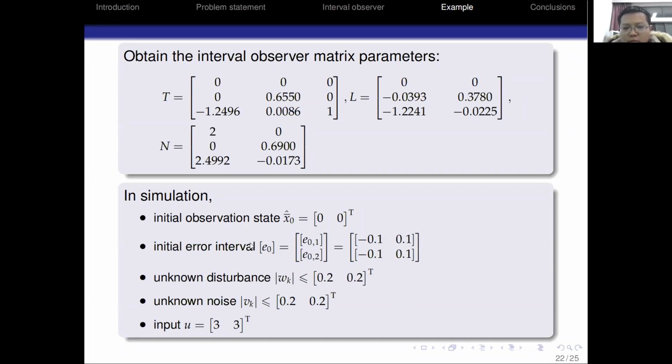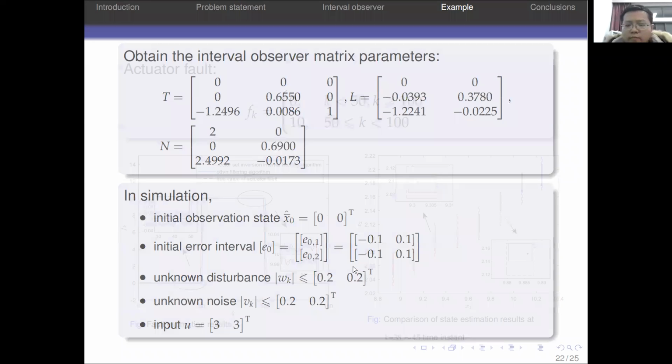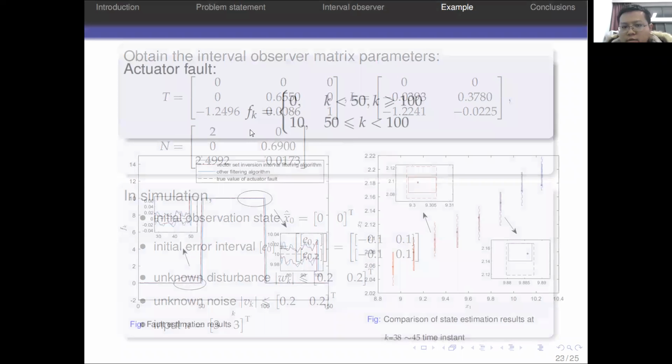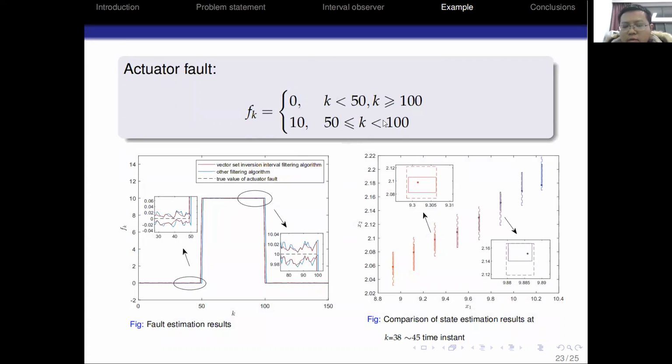We give the initial state and the initial error interval, and we define the unknown disturbance and the noise term, and we give an input. Then we set a fault when k is between 50 and 100. We set fk to 10, and in other time intervals, there is no fault in this system.